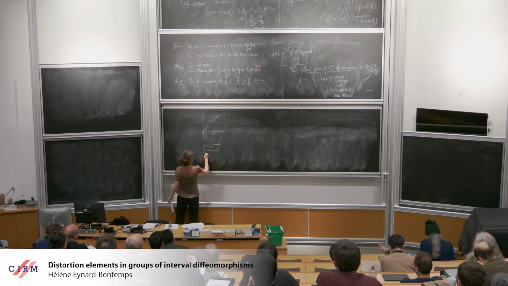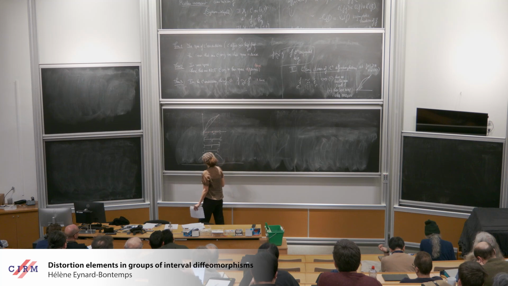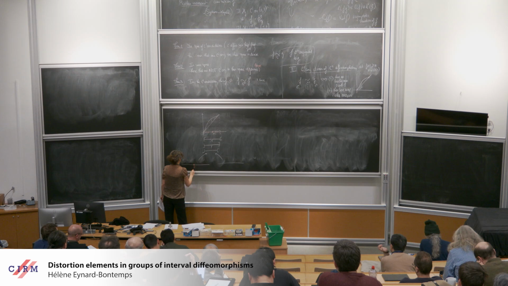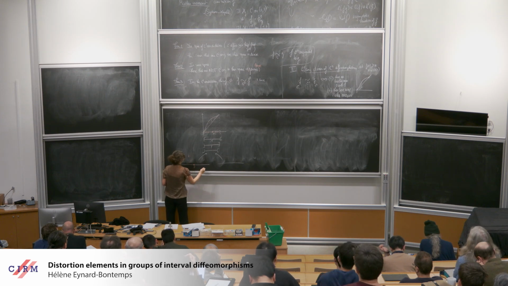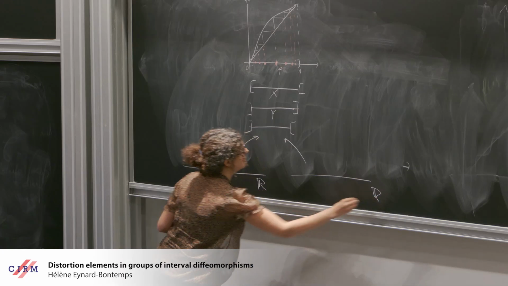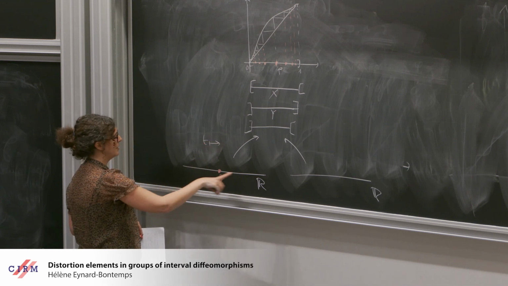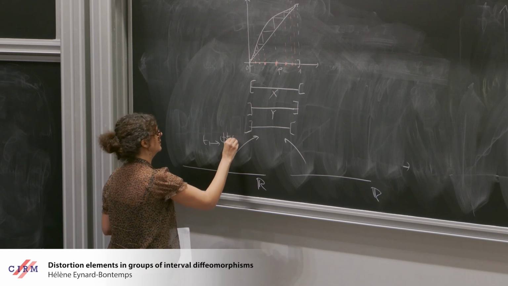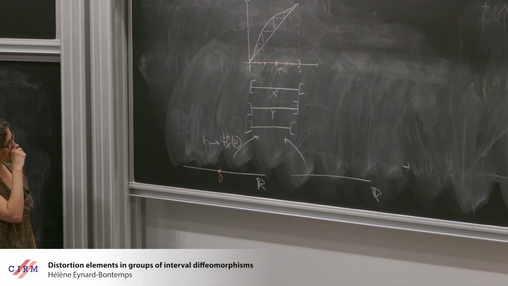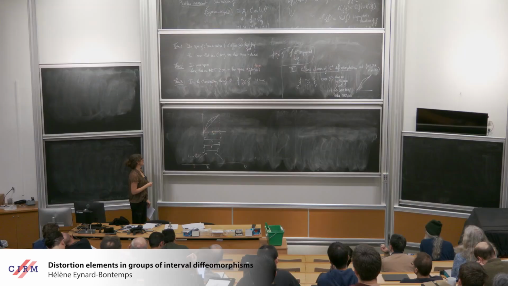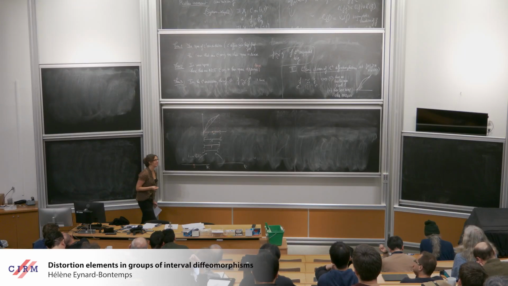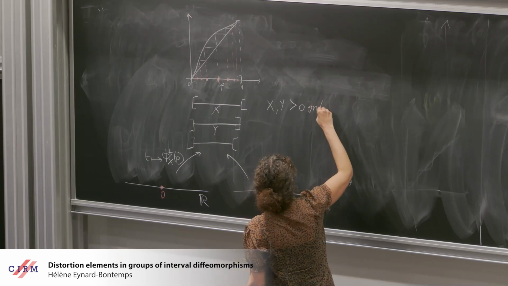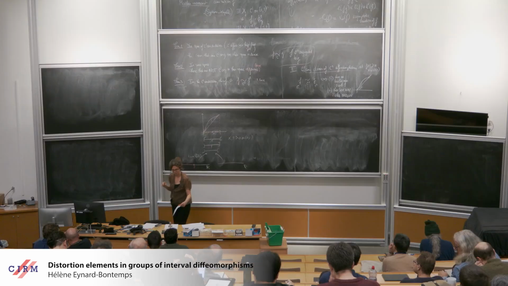And so I can parameterize my interval in two different ways. This is R, this is R. Here I map t to the position of P at time t if I follow the flow of X. Note that both X and Y are positive inside the interval.